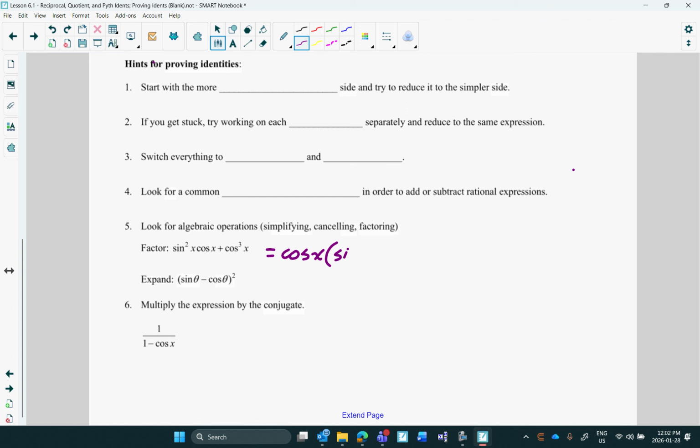Sine squared x and cos squared x. Can I make this simpler? Yeah, this is one. It's one of the identities. So notice when we factored it, we created an identity that allows us to simplify this to just cos x. So instead of saying all this, I can narrow it down to this.